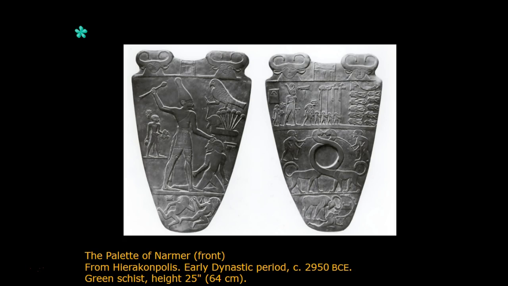On the front side, we see the pharaoh wearing the crown of Upper Egypt right here. And he is portrayed as fit and in good shape and wears a false beard. So these are some of the conventions of depicting pharaohs. In front of him is the falcon god Horus.